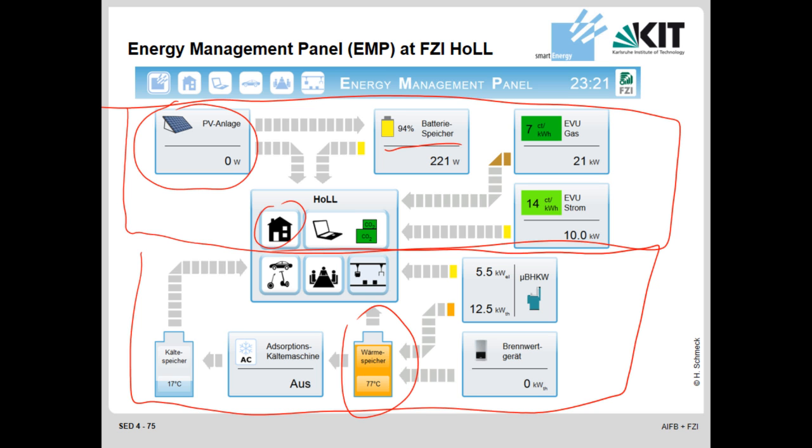And all this has to be built into such an energy management panel such that we can provide this functionality to access the data in a very flexible way. We need special data formats, special database technologies and so on. So it looks simple if you just look at this, but if you look at the functionality that we provide here, this is quite a challenge in the way you actually manage and use the data.